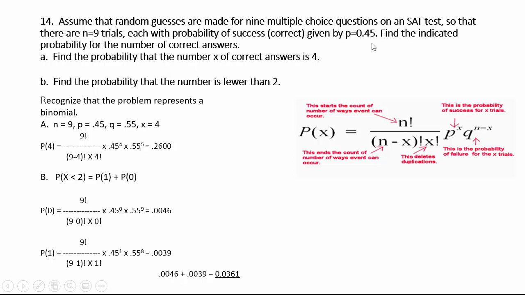You have a 0.45 chance of being right. If you had a 0.5 chance, you'd expect about 4.5 correct out of 9, and this is definitely going to be less than that. It would be an extreme thing to get a 1 or a 0. So that number is a very low chance, and it does make sense.